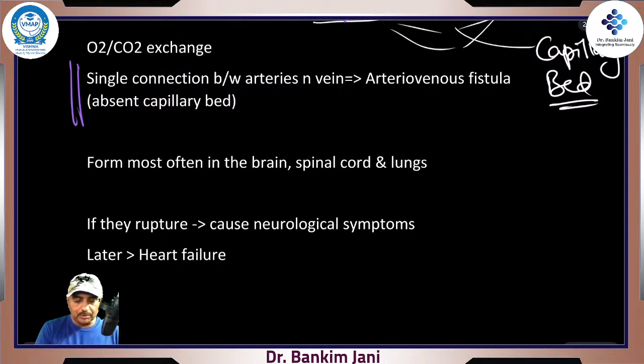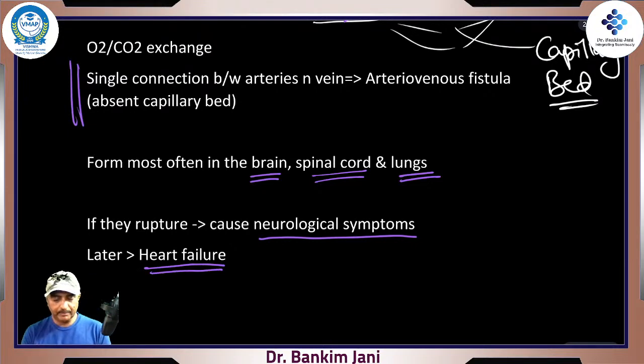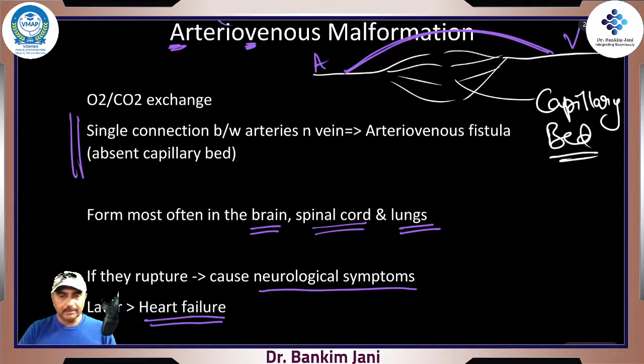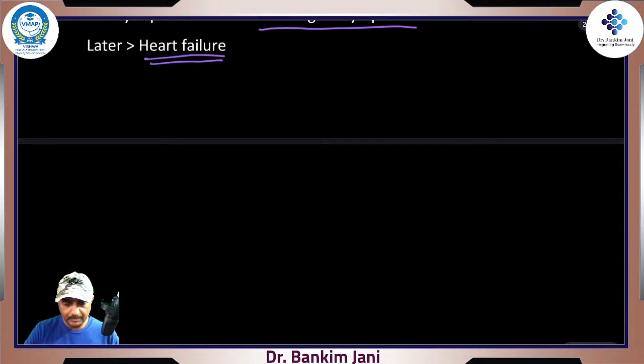Most often it forms in the brain, spinal cord, and lungs. When it happens in the brain, if they rupture, they lead to neurological symptoms, right? And later it leads to heart failure, because it is leading to volume overload.